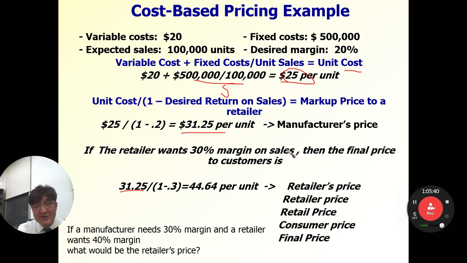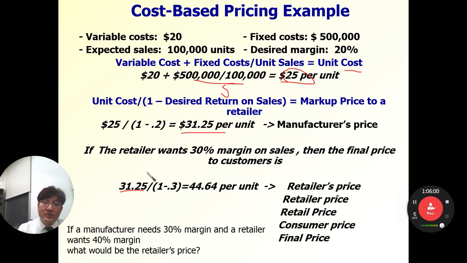We are ignoring all other costs, and just think of this as the unit cost. The retailer might have different costs, like rent for the retail setting and so on, but let's ignore all of that.